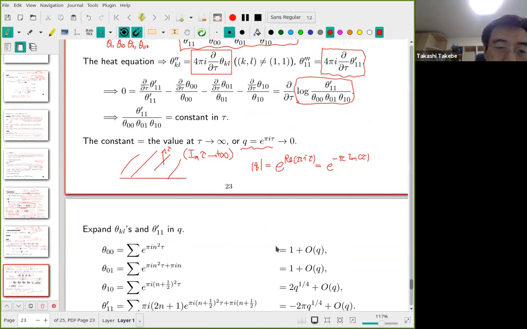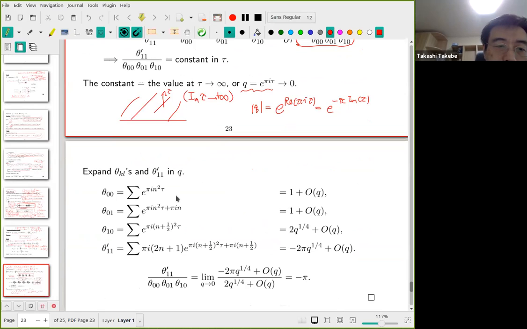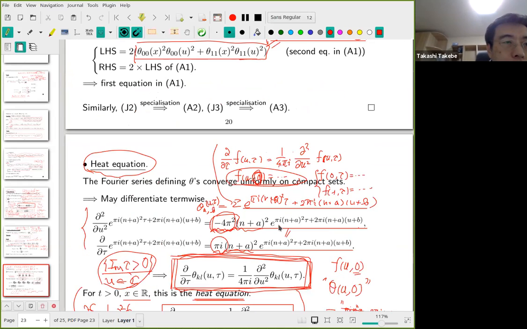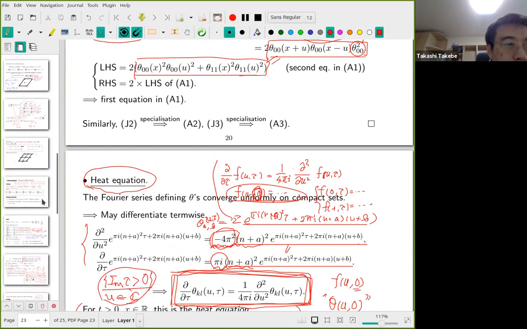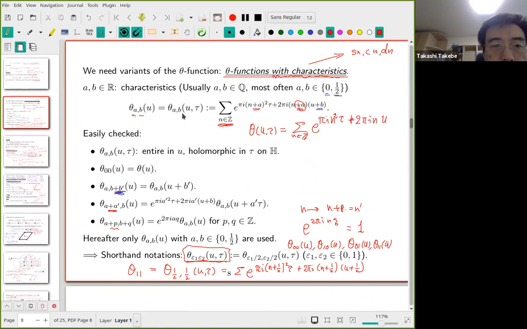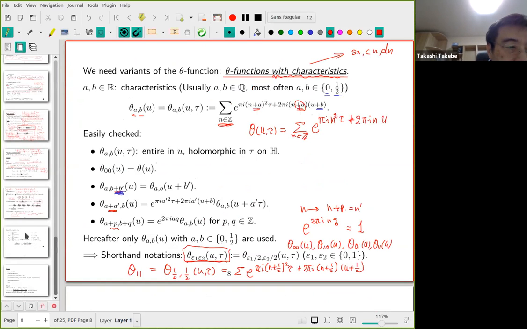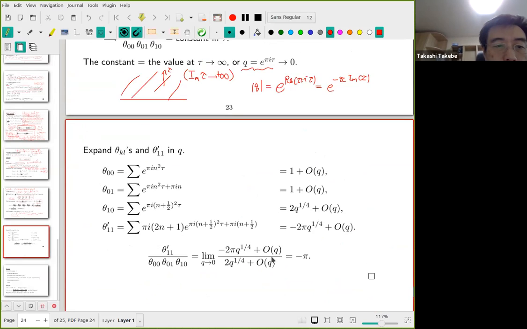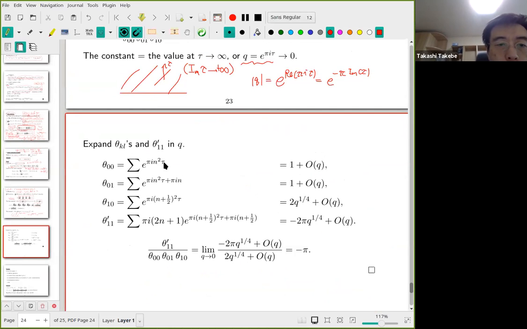Actually, this quantity is very fundamental because when u is fixed to 0, this is the definition, u becomes 0. So essentially, we have a series in q.